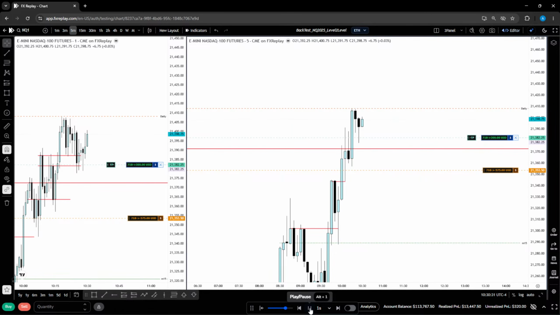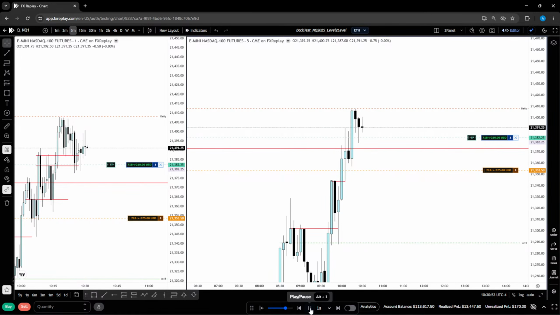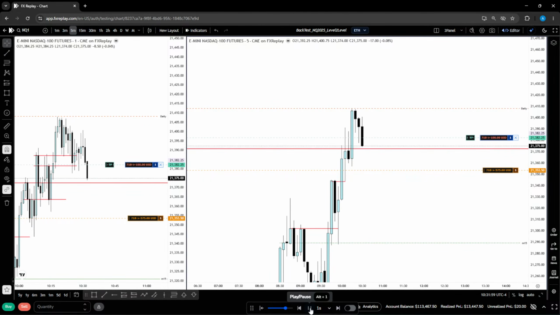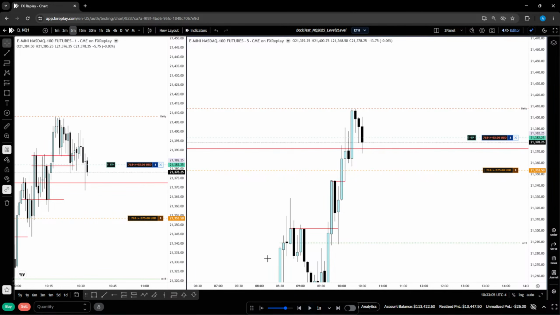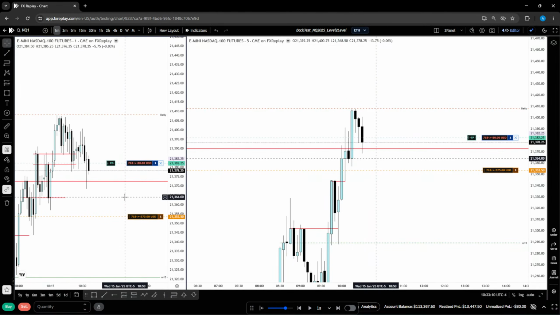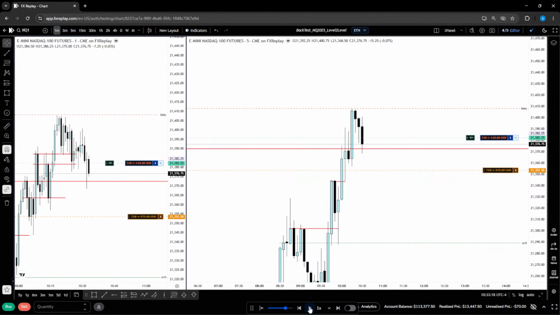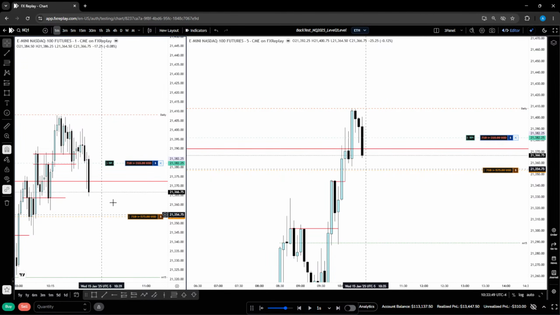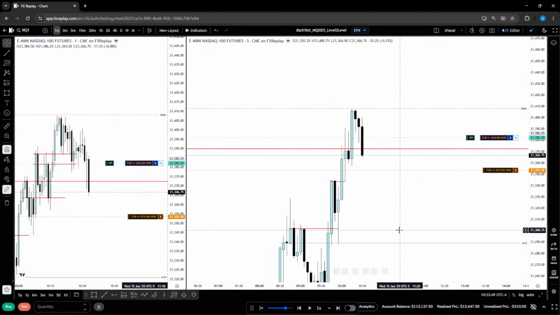I need it to move because it's getting scary. Okay, this is gonna be the last time we're gonna come back down here. Yeah, we're gonna get stopped out.